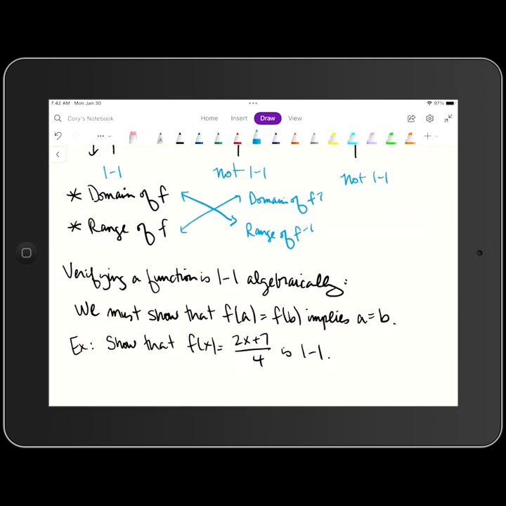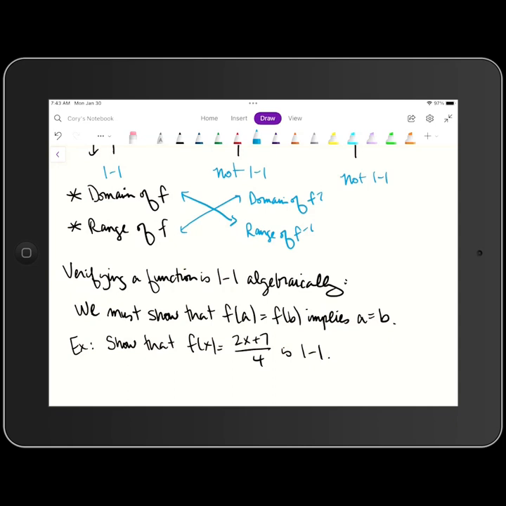Okay, so last thing that we're going to go over in today's lesson, and then we'll continue this lesson in class on Wednesday and Friday. We're going to talk about how we can verify that a function is one-to-one algebraically.